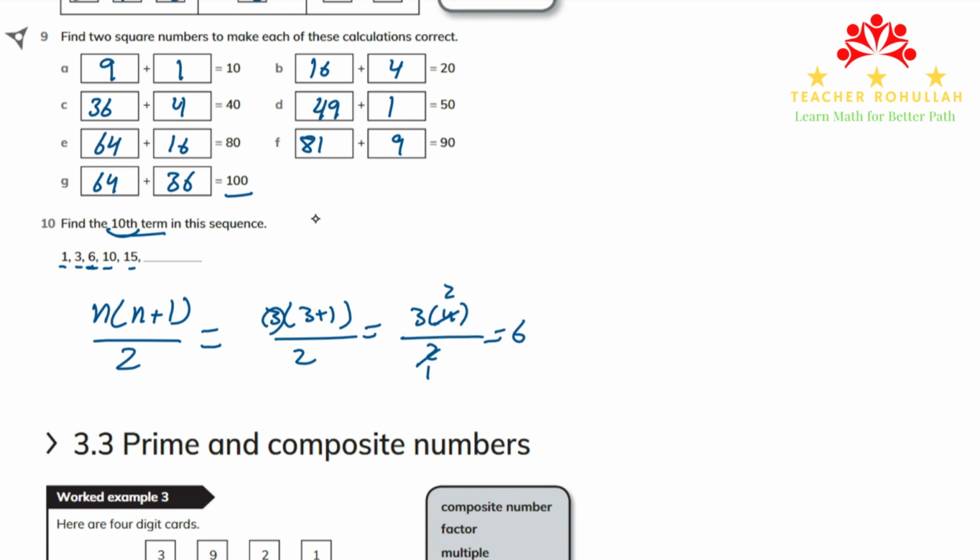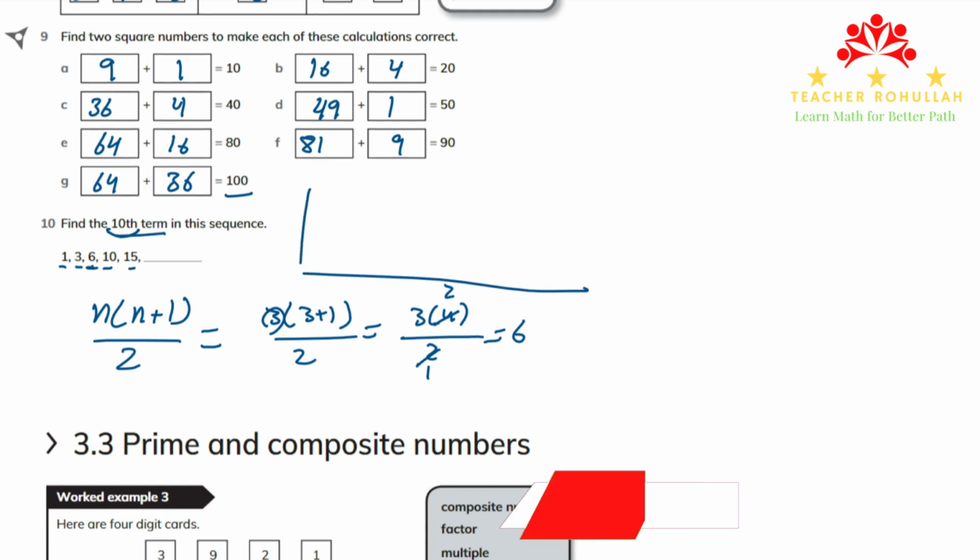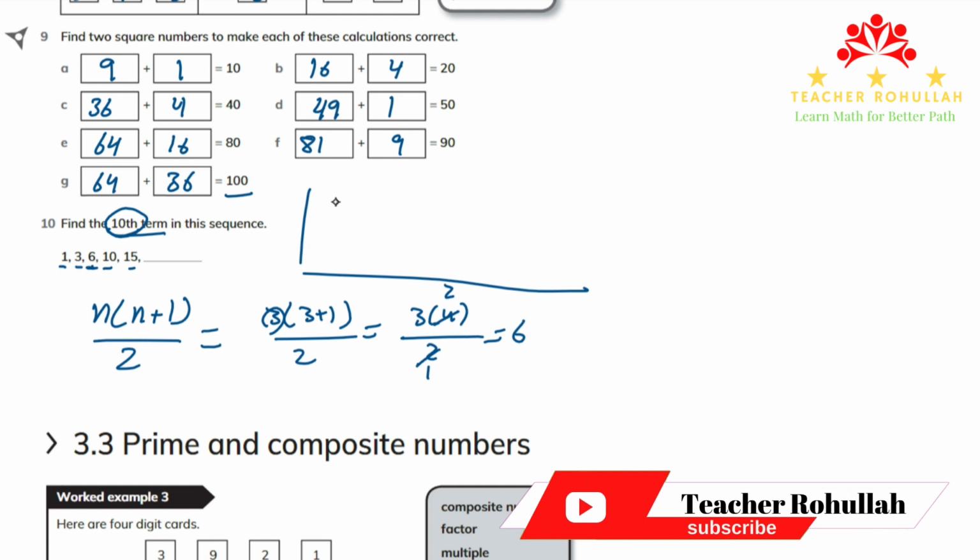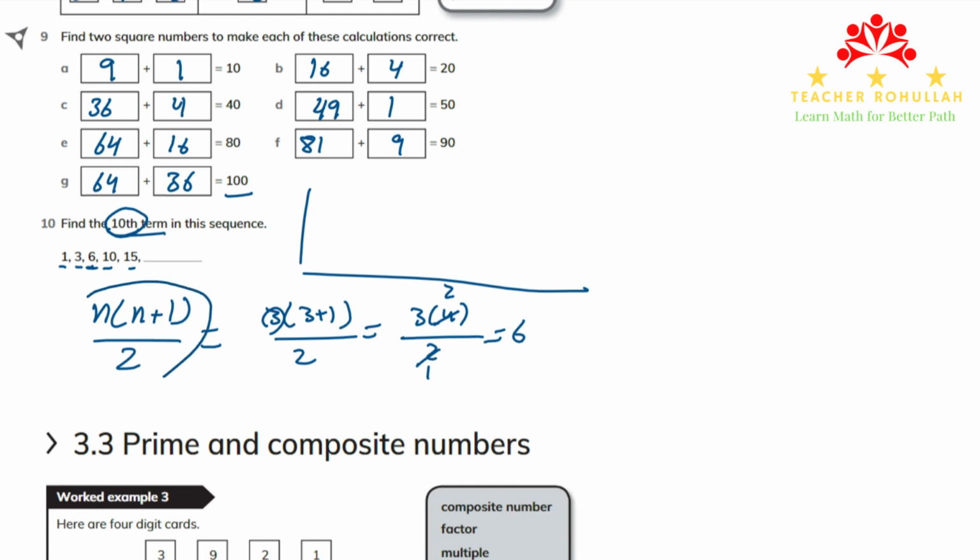So in this case, we can use the formula and find out the 10th term of this sequence. Because this is triangle number, and to find the nth term of these triangle numbers, we can use this formula. So let's put the 10th term here. 10 times 10 plus 1 divided by 2.